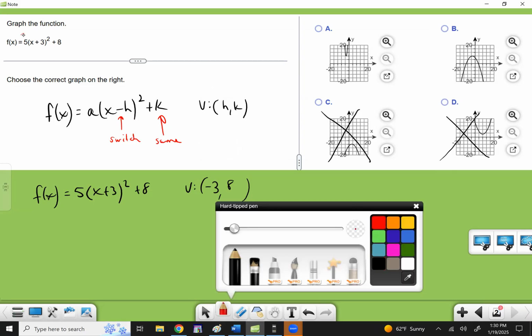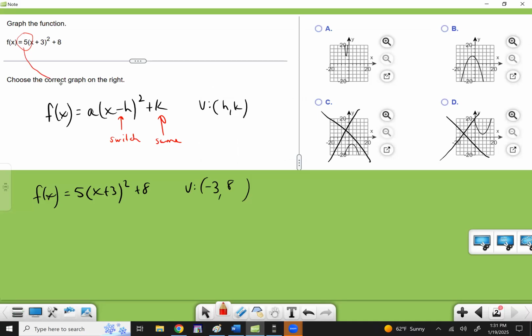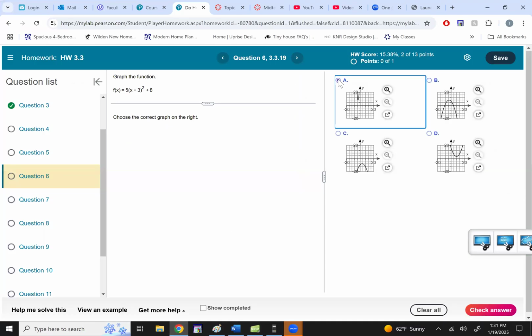So you can see that A is 5 on our particular parabola. So we know that that implies, since it's positive, that it's going to be facing up. So the only one it could possibly be then is A, since B is facing down. So let's go ahead and pick A for this problem.